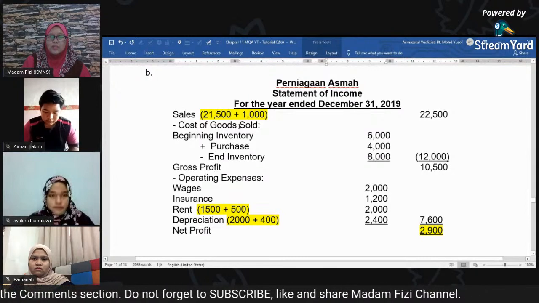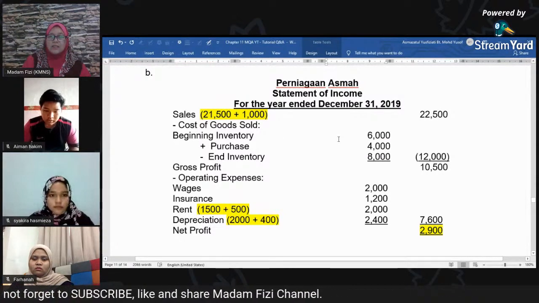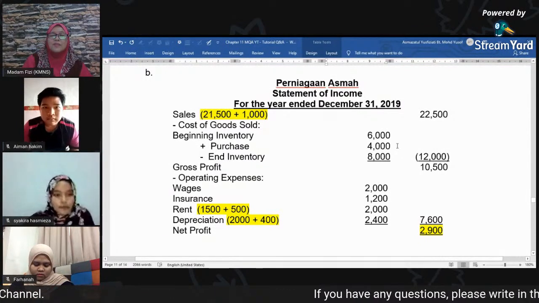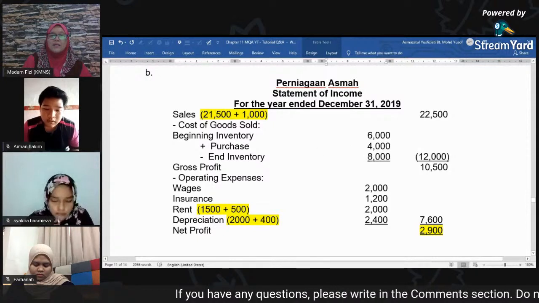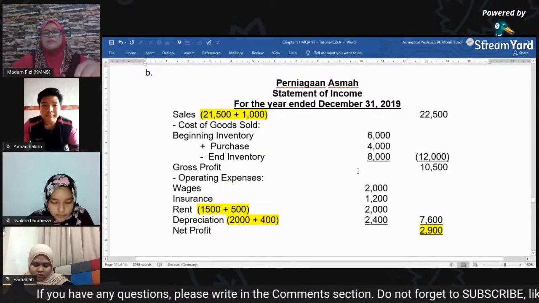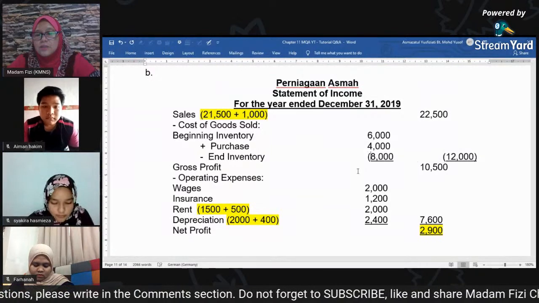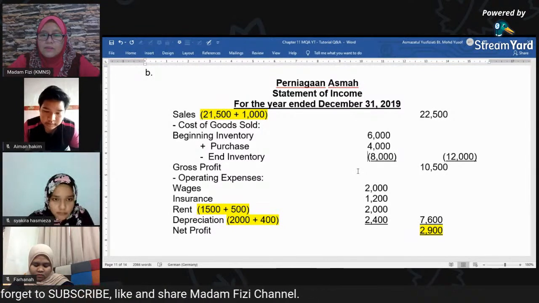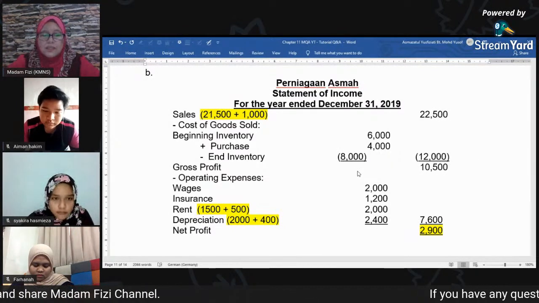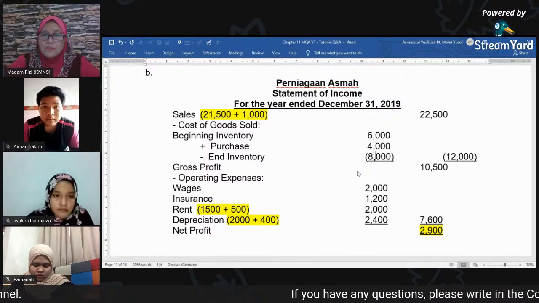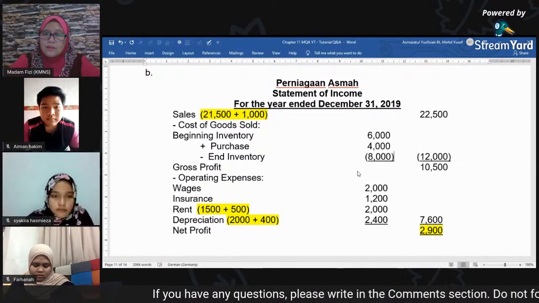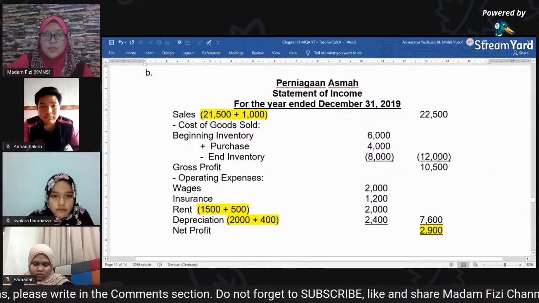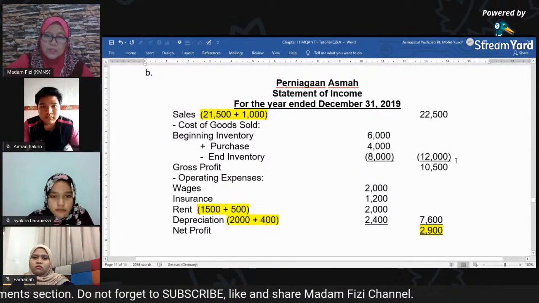Cost of goods sold equals beginning inventory, 6,000, plus purchase, 4,000, minus ending inventory. So the cost of goods sold equals 12,000.